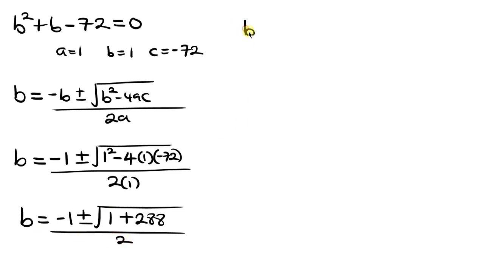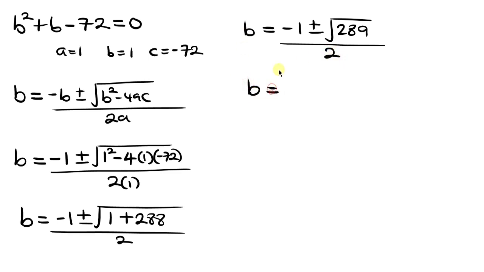So b now becomes negative 1 plus or minus the square root of 1 plus 288, which is 289, all over 2. So b will be equal to negative 1 plus or minus the square root of 289, which is actually 17, all over 2.